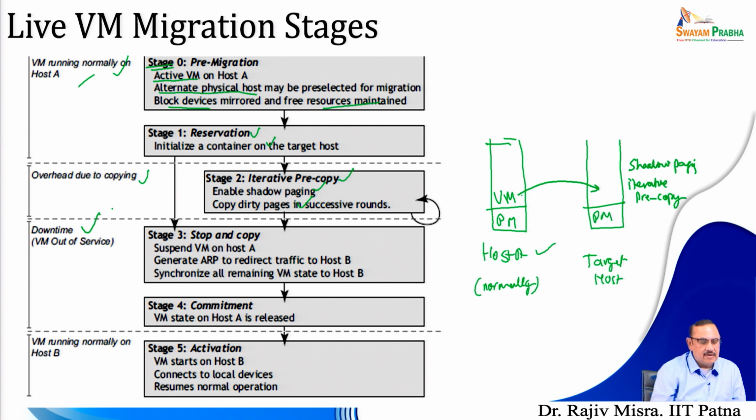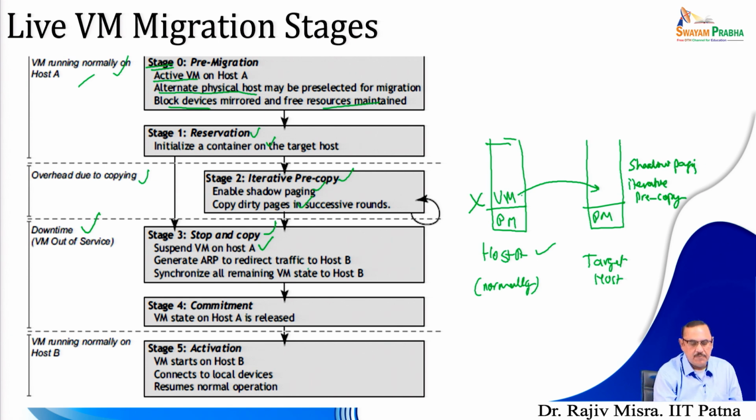Now, next is the downtime, when the virtual machine will be out of service. So, it will stop and copy. It will stop functioning on host A and copy all the memory. It will suspend the virtual machine in A, which will not work further.